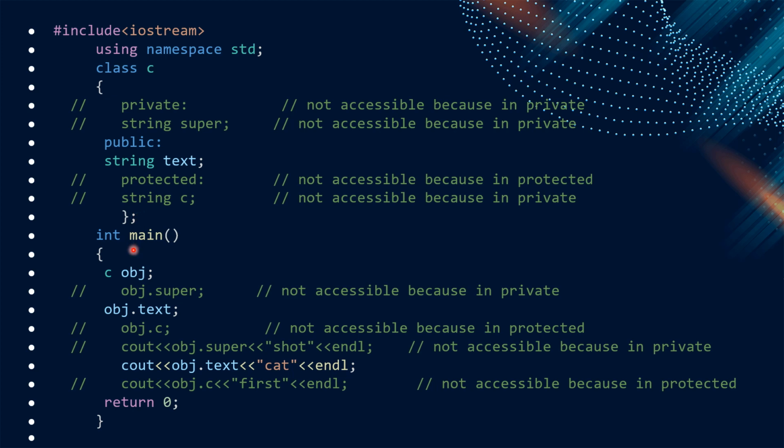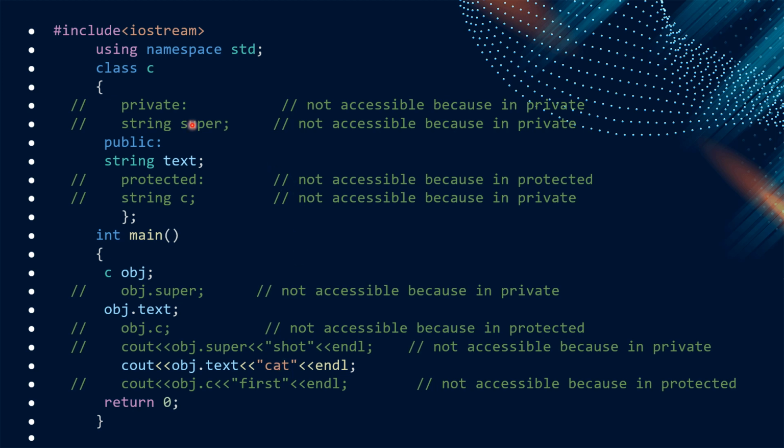After that I create an object to access all the data written in the class. So C is the name of the class and obj is the object. obj dot super accesses the private one, obj dot text accesses the public one, and obj dot c accesses the protected one. Now when you run this program, you will get the output cat. You know why?